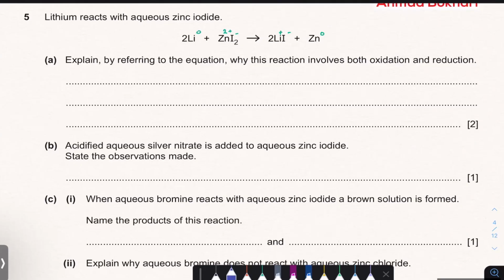Lithium atom loses an electron. I can also say each lithium atom loses an electron. Notice I did not talk about oxidation state. और मैंने आइडेंटिफाई किया है कि वो कौन सा पार्टिकल है. मैं ना भी लिखूं ना तो भी ठीक है.